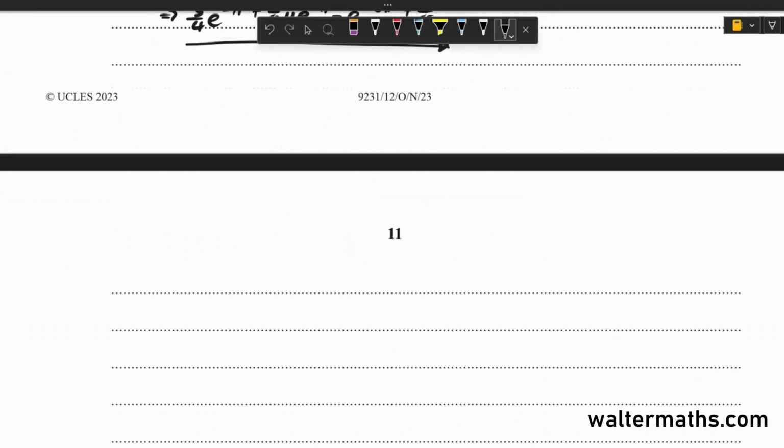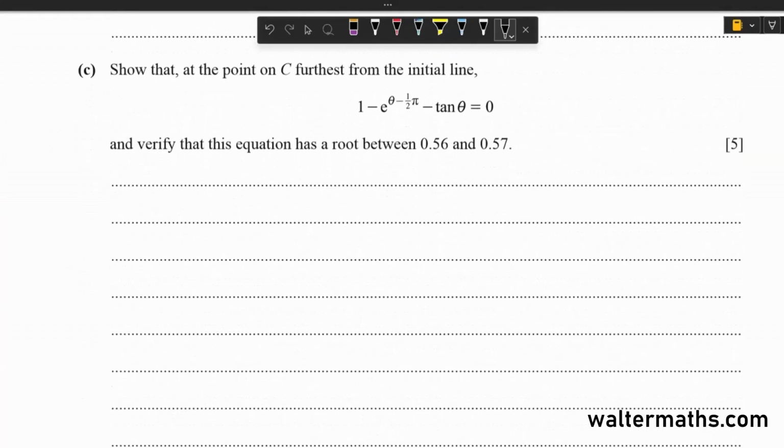Now let's move on to part C. So on part C, it says, show that at the point on C furthest from the initial line, 1 minus e to the theta minus half pi minus tan theta equals 0. And verify that this equation has a root between 0.56 and 0.57. All right.